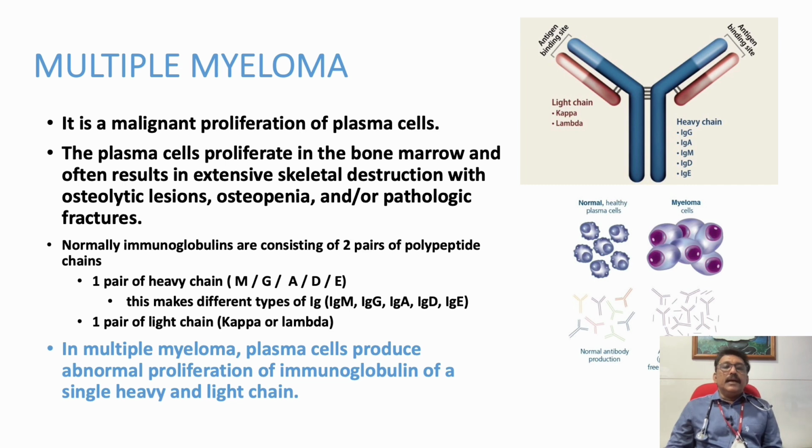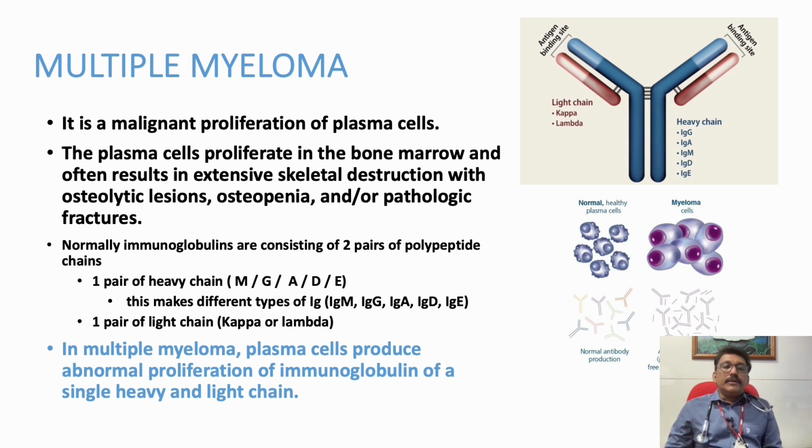So immunoglobulins have two pairs of polypeptide chains, one pair heavy chain, one pair light chain. You can see here the structure of immunoglobulin. IgM, IgG, IgA, IgD, IgE are all produced from one side, that is heavy chain, whereas the one pair of light chain has Kappa and Lambda chains.